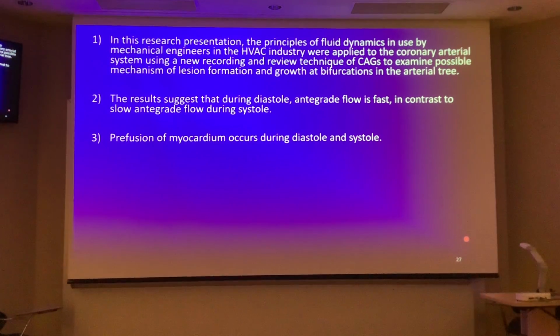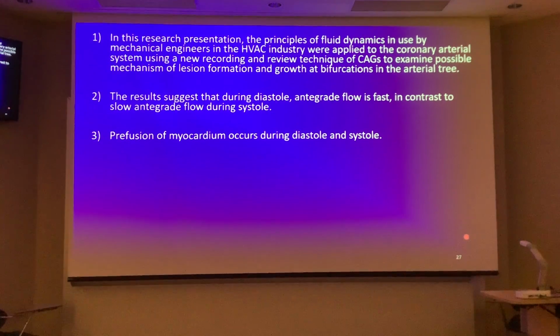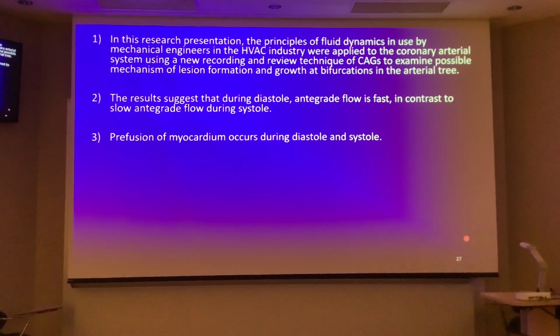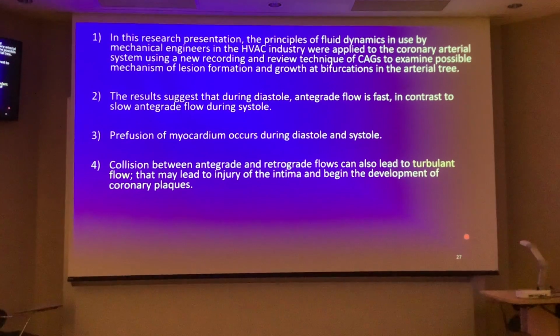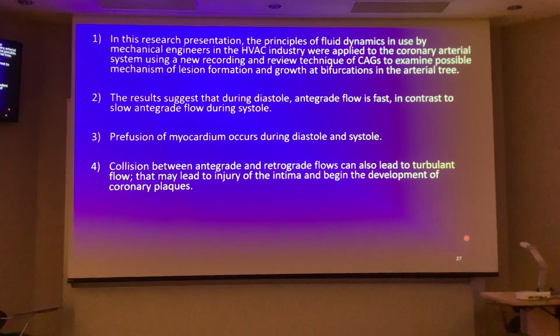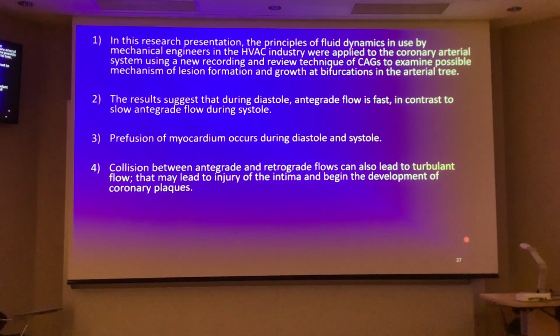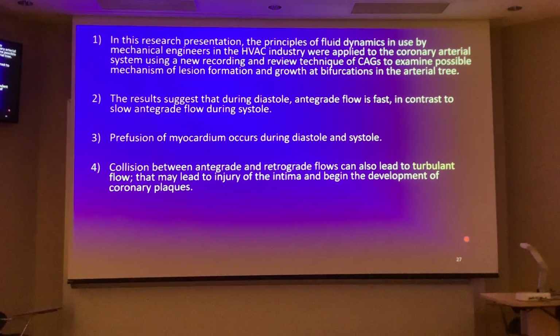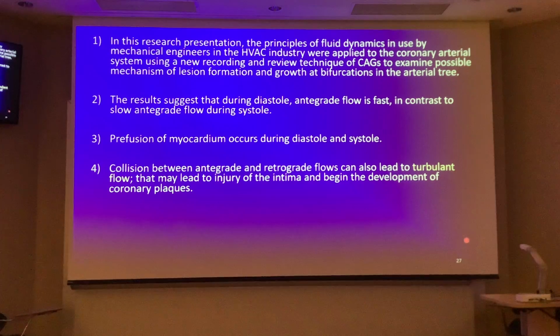Perfusion of the myocardium occurs during both myocardial contraction and relaxation, and that collision between flows can lead to turbulent flow that may lead to injury of the intima and begin the development of this atherosclerotic process.